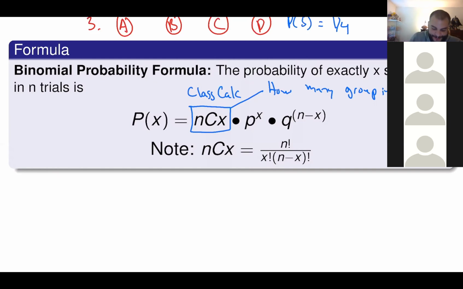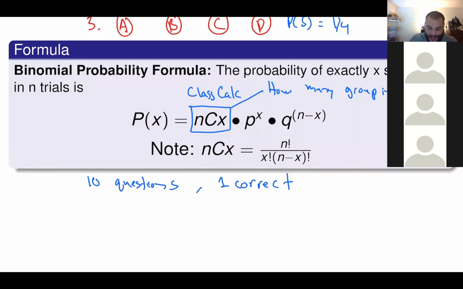So say we have 10 questions and I want to get one correct. So what that nCx portion is going to do is tell me how many different ways can I get one question correct out of a quiz or a test that had 10 questions.